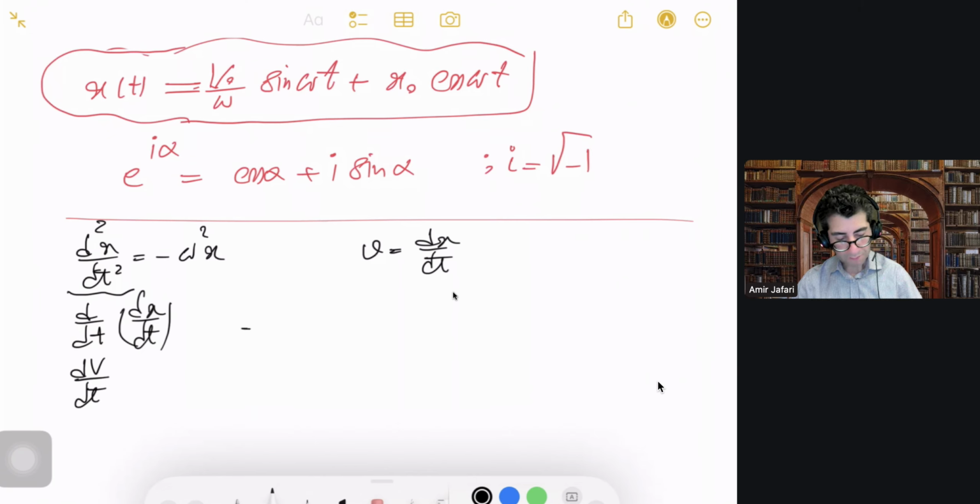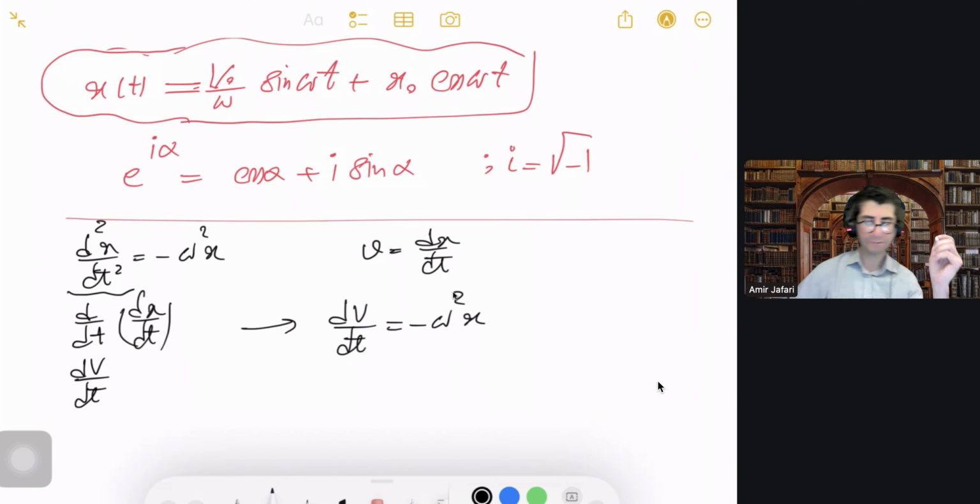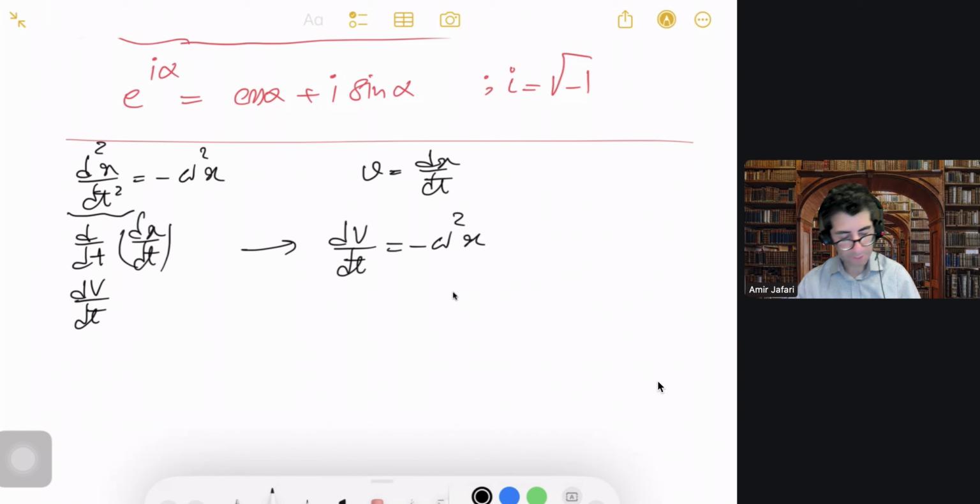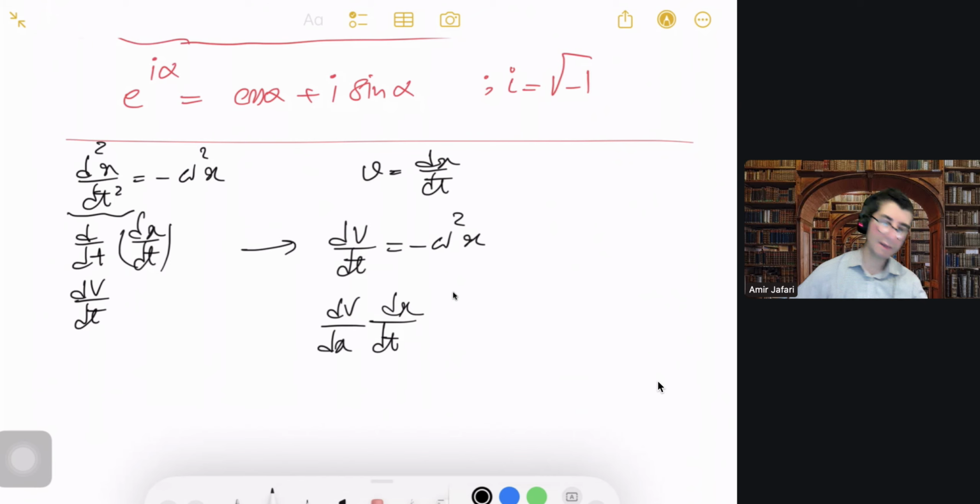So it means that you can write down this equation as dv over dt minus omega squared x. But now you have three variables here. You have one differential equation, but you have three variables: v, velocity, t, time, x, position. How to solve it? Well, there's a trick. Write this as dv over dt, add dx here, multiply by dx, and divide by dx.